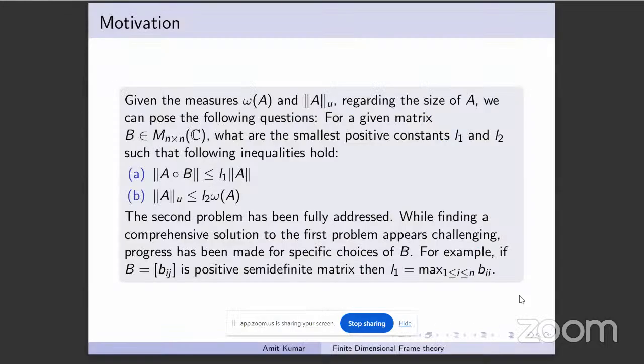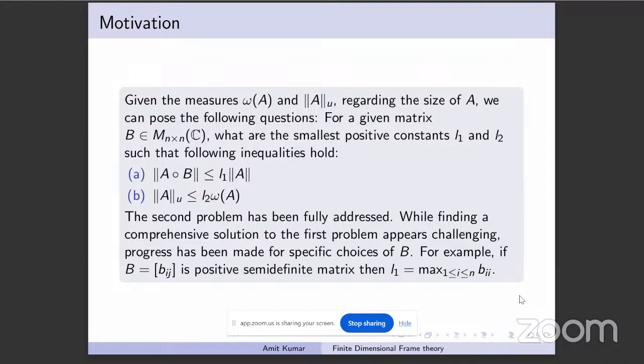The motivation behind our work is, given the measures omega A and norm of A, here norm denotes any unitarily invariant norm on the set of n cross n complex matrices. Given the measures omega A and norm of A regarding the size of A, we can pose the following questions. For a given matrix B belonging to Mn(C), what are the smallest positive constants L1 and L2 such that inequalities A and B hold?